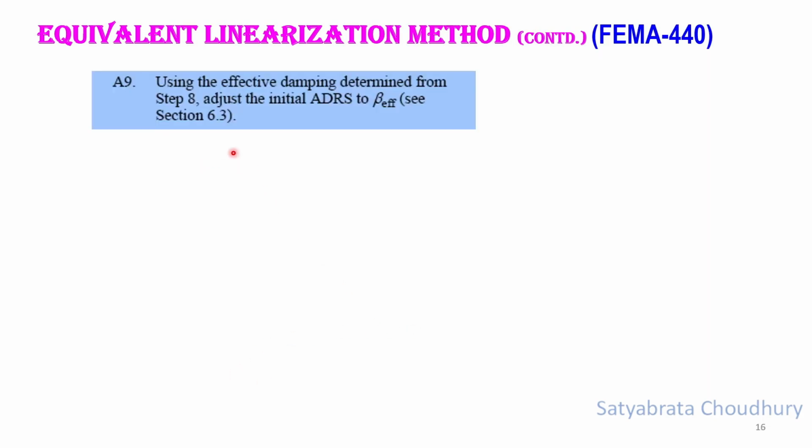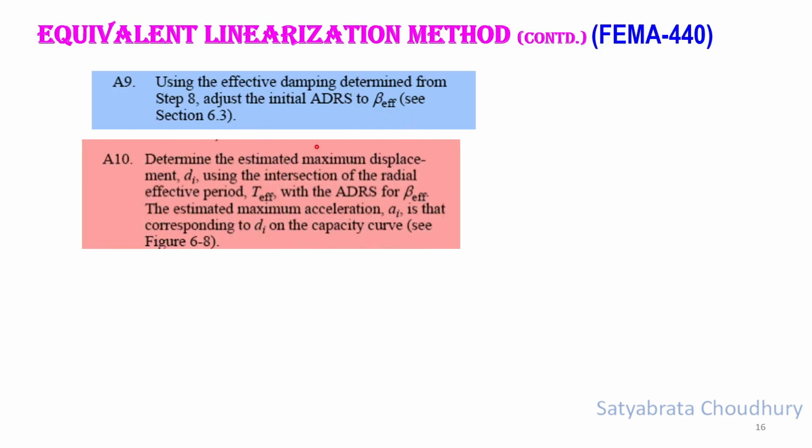Step 9, using the effective damping, that is beta effective, from step 8, adjust the initial ADRS to beta effective, that is, find the reduced demand curve. Determine the estimated maximum displacement di using the intersection of the radial effective period T effective with the ADRS for beta effective.